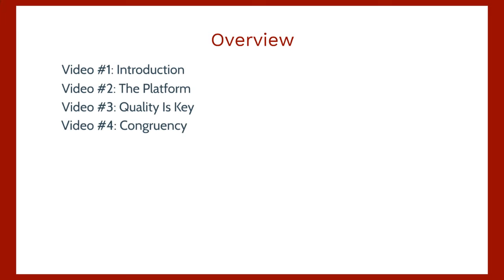Now, what that entails is congruency, which is what we're going to talk about in video number 4. Congruency basically means that everything is consistent, from the images attracting the right person, to getting them over to the content and giving them exactly what they want and what they desire and the reason for the click in the first place.